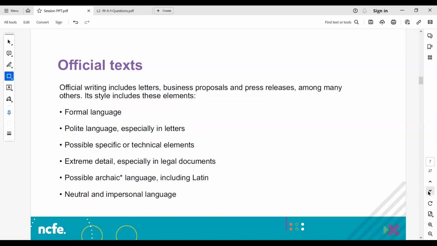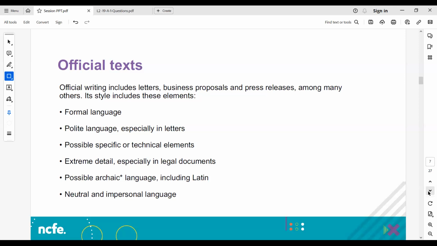So formal language, if it's a letter addressed to Dear Mrs. Smith, polite language, possibly. So again, if it was a medical letter, specific, technical, so medical in that case, vocabulary.